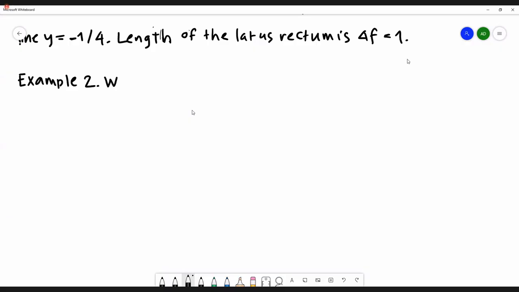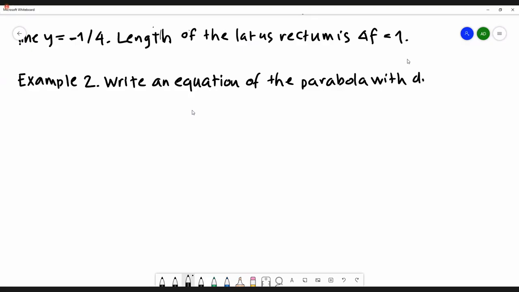Write an equation of the parabola with directrix x plus 2y minus 3 equals 0 and focus at the point (3, 5).